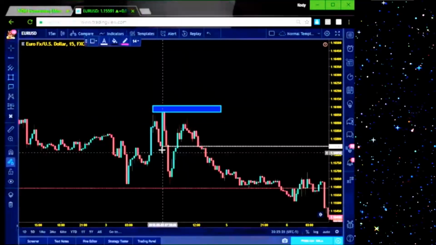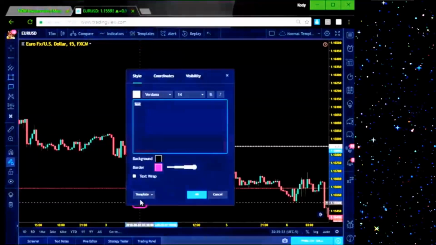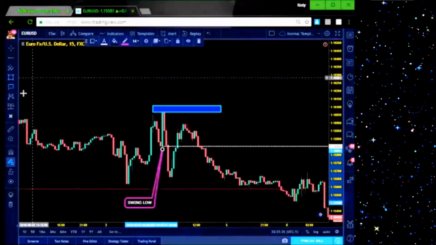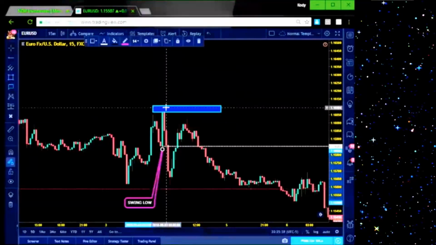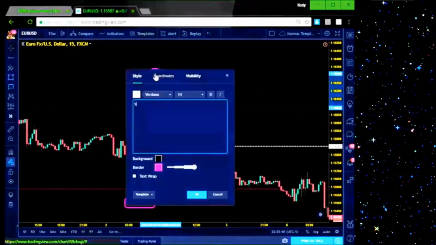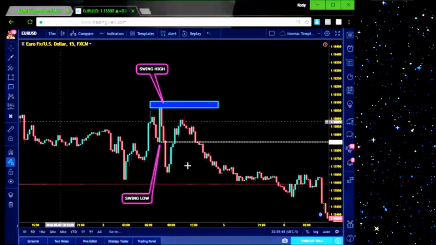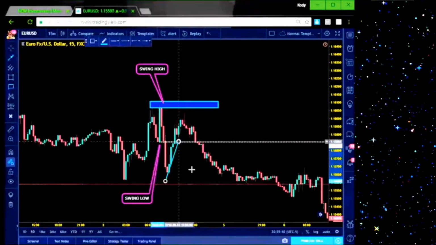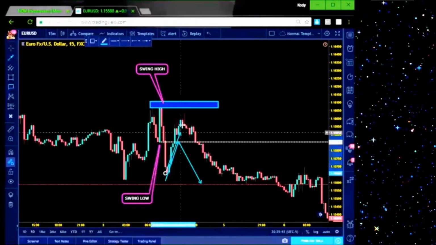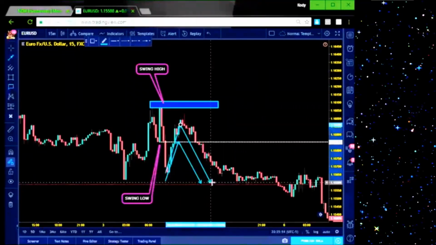Right here is our recent swing low. And right here is our recent swing high. This is our structural point, and we're bearish. So once this broke right here, what's our trading plan? We need to see a retracement, sell somewhere in here.